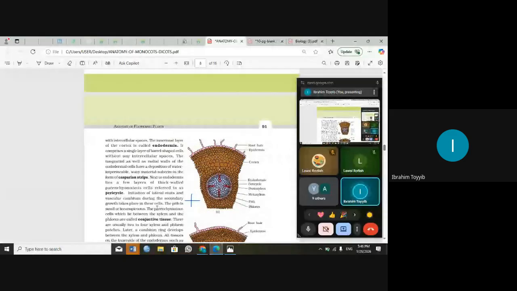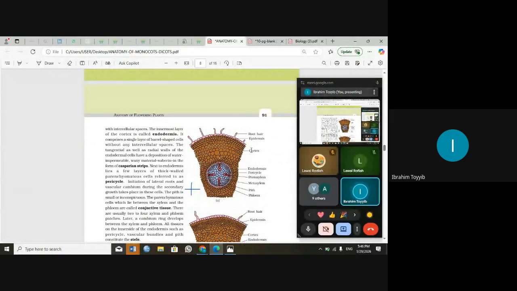Now another thing, next to the endodermis, there is a layer of thick-walled parenchymal cells referred to as the pericycle. It is this pericycle that initiates the lateral root and the vascular cambium. The vascular cambium functions during secondary growth.